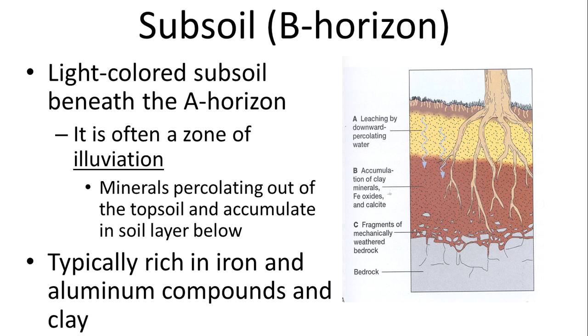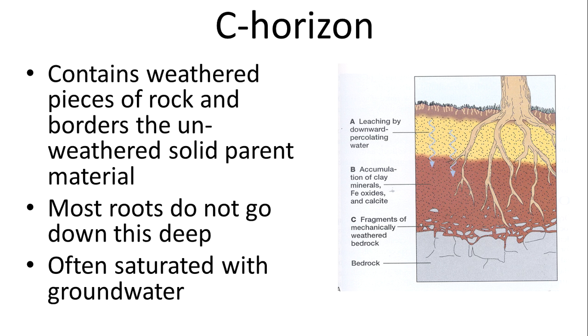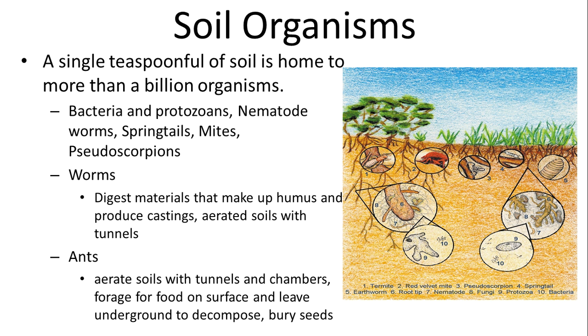So the B horizon is beneath the A, and these minerals that are percolating down are usually in the B. So if you look at trees and these larger plants, their roots will ultimately end up in the B layer because all the minerals that they need are there. And our C horizon usually contains, like I said, larger pieces of rock. Most roots don't go down that deep, and this is where we usually find our aquifers.